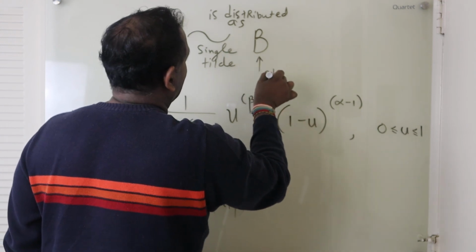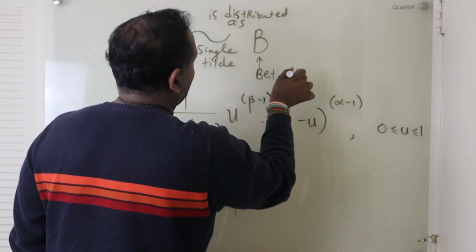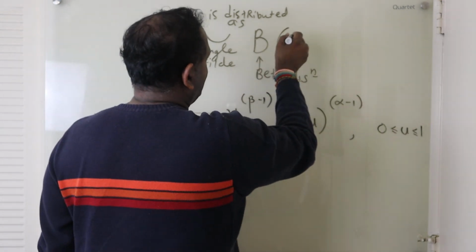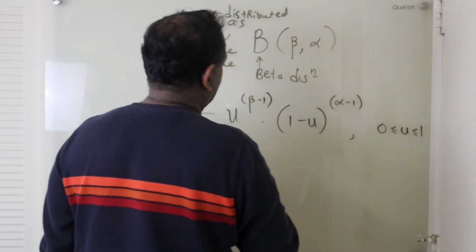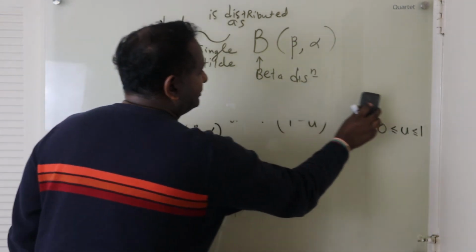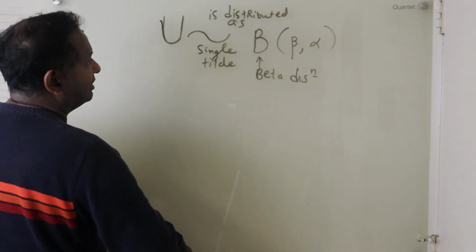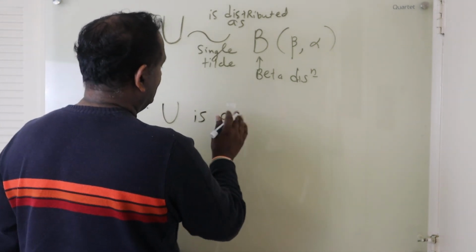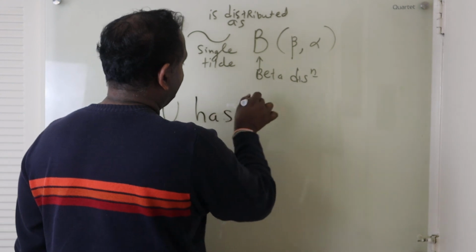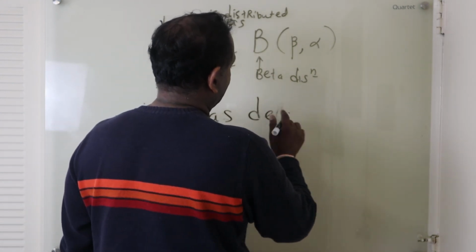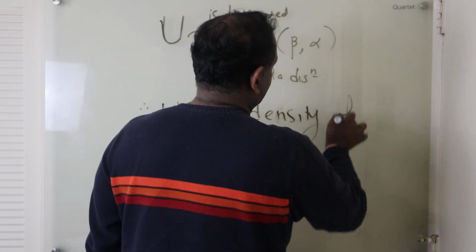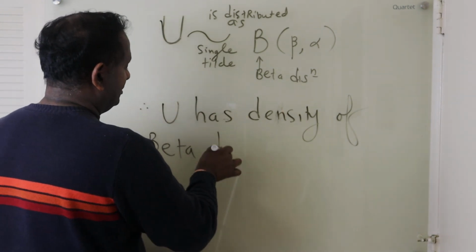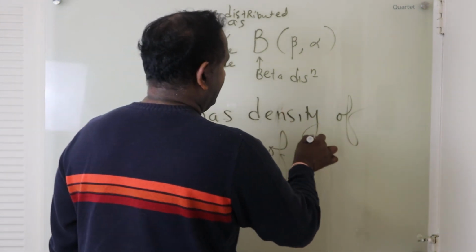This is the beta distribution with shape parameters beta and alpha. So you end up with another beta. Therefore, U has a density of the beta distribution of the first kind.